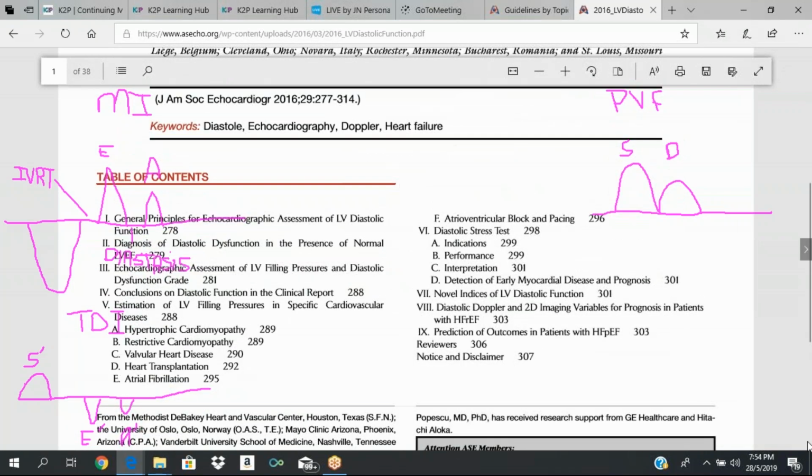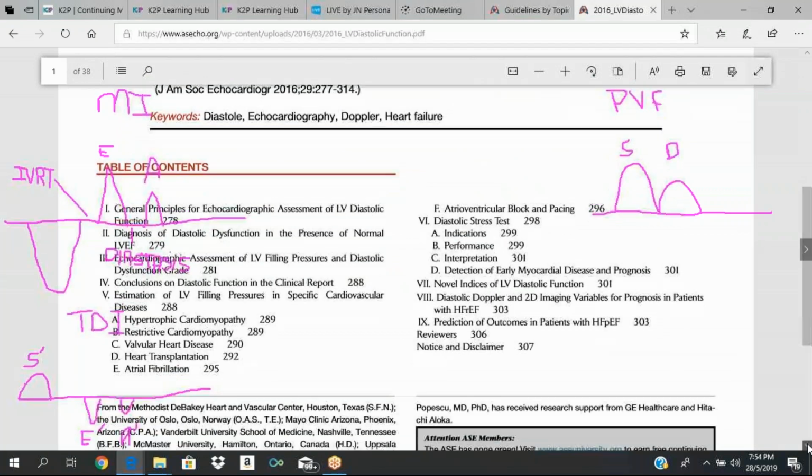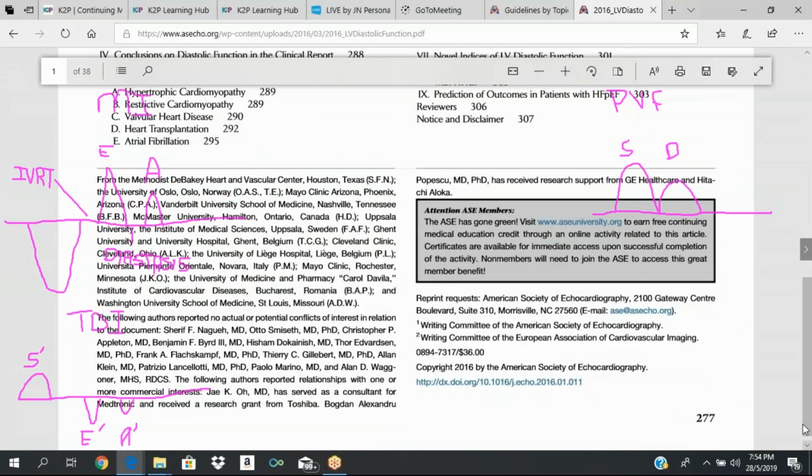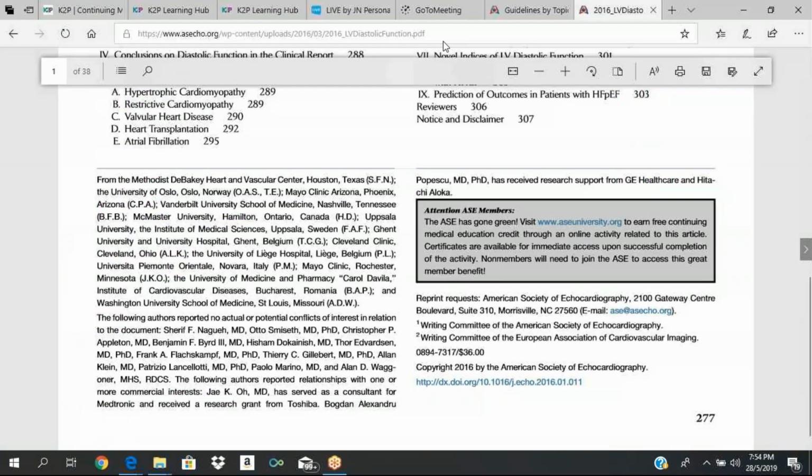All right, so this is the American Society of Echo paper, and I'm just going to erase this.